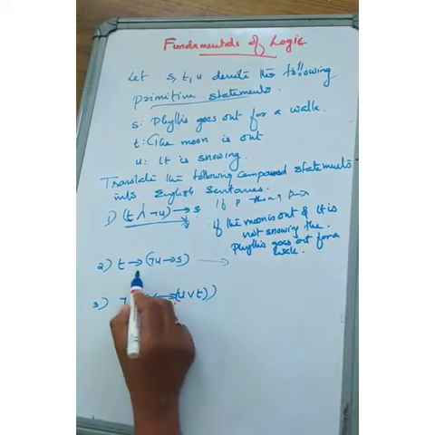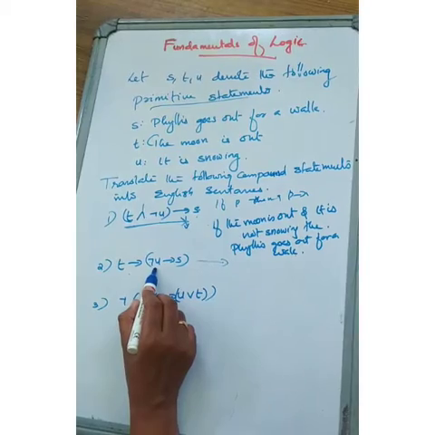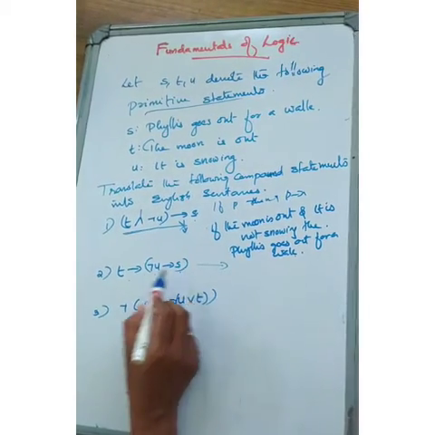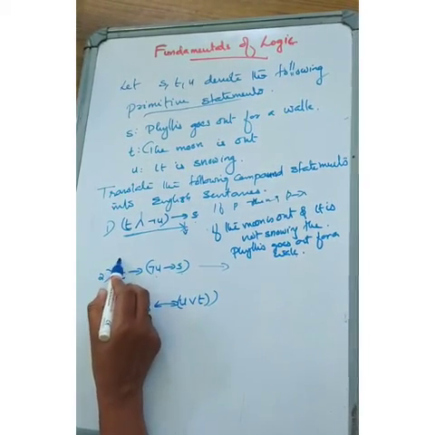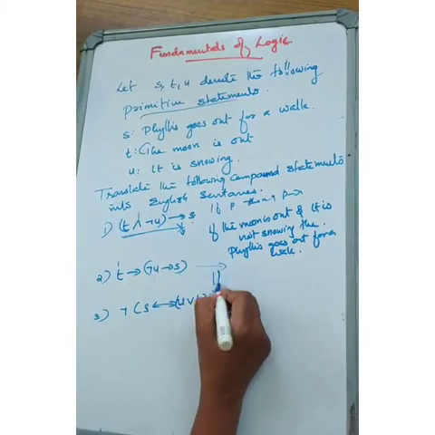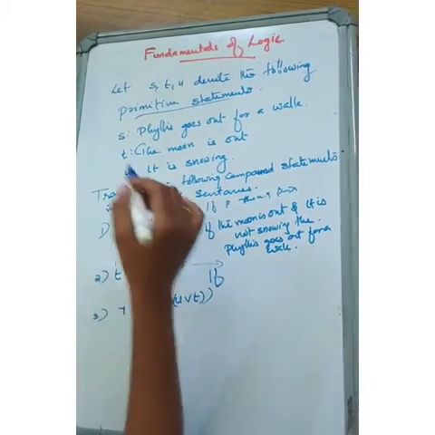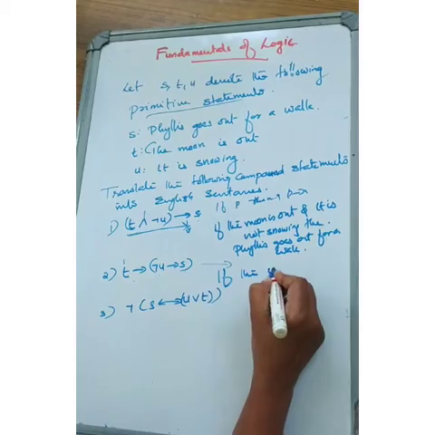Okay, next look at here. T implies, negation U implies S. Implication means here it starts with if. If T, what is T? The moon is out.